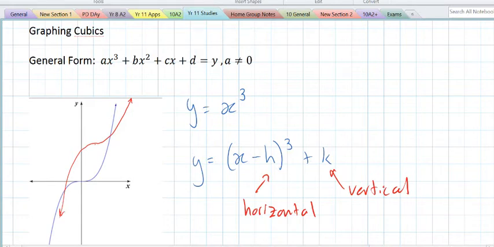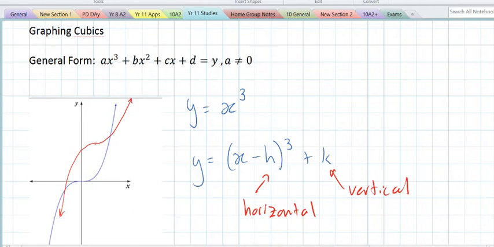Our first transformation or different form is y equals (x take h) all cubed plus k. We use h and k exactly the same way as quadratics. In quadratics that adjusts our vertex or turning point. Cubics don't have a vertex exactly. They have this point here, and that blue line is x cubed.